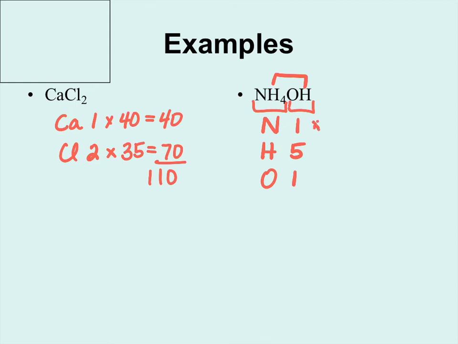So I will multiply across by their masses. By now you might even be memorizing some of these simple ones you're seeing over and over again. And I will add up, so I will get approximately 35 for my mass. Easy stuff.